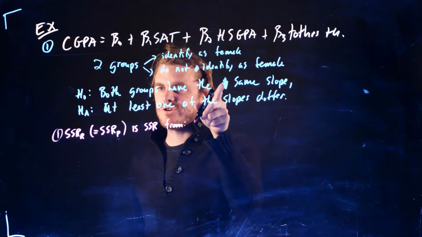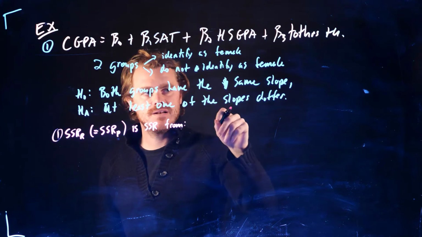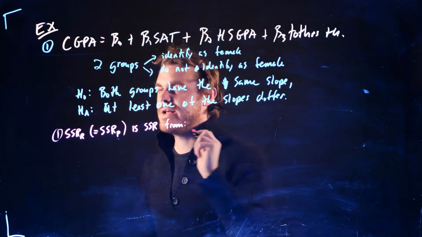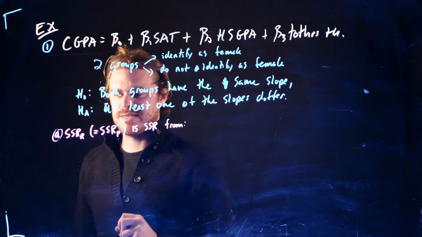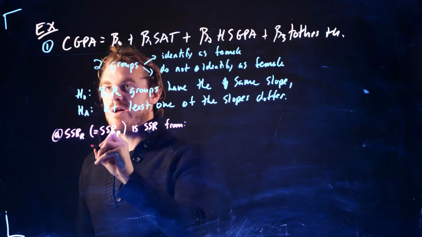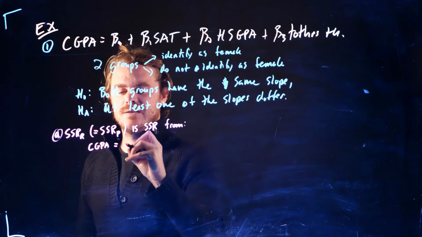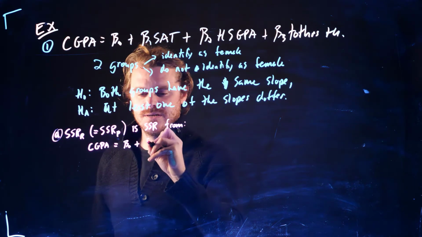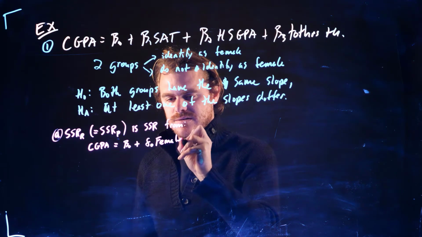So what's true when this null hypothesis is true? We want to put in our restriction. So let's write out what our regression would be. Maybe I'll say A for the steps. We'd run a regression where CGPA equals beta 0 plus delta 0, and I'm going to put female here.